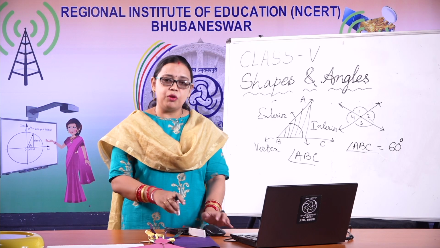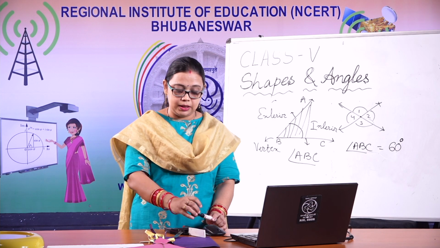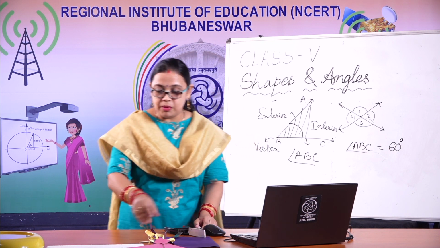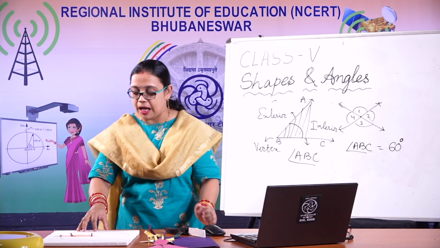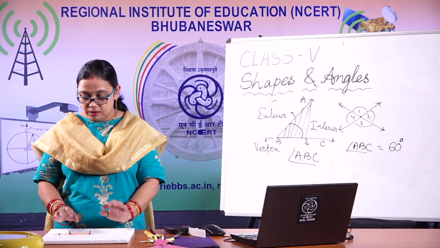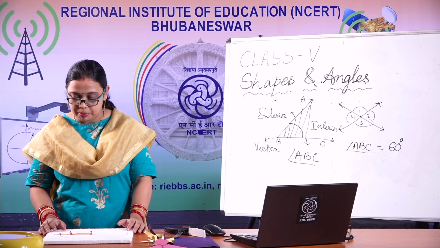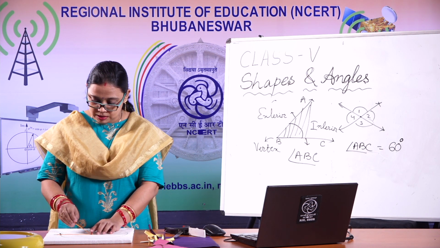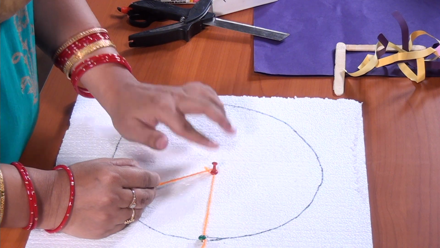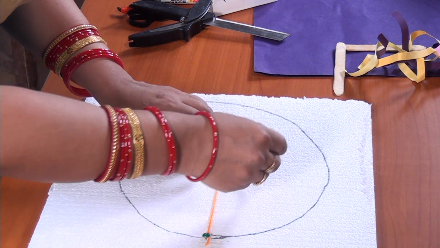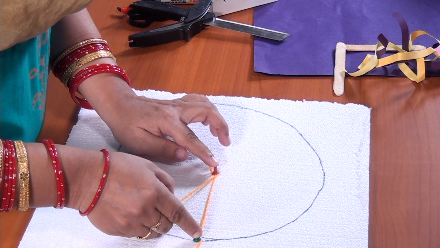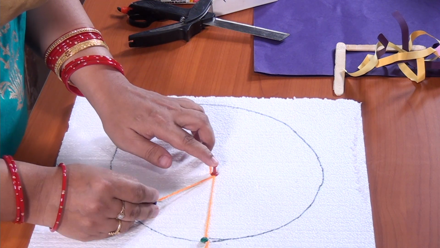You may ask, from where does this degree come? Let us make an angle with a thread and some pins. I have made it and am showing you here. See, the two ends I have fixed like this.